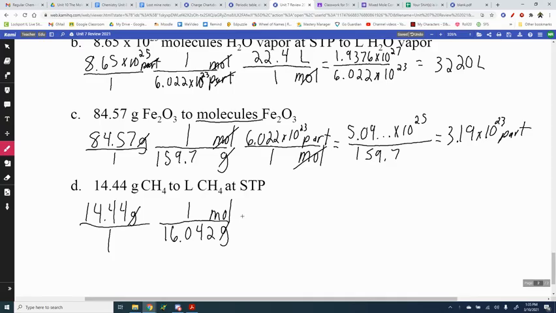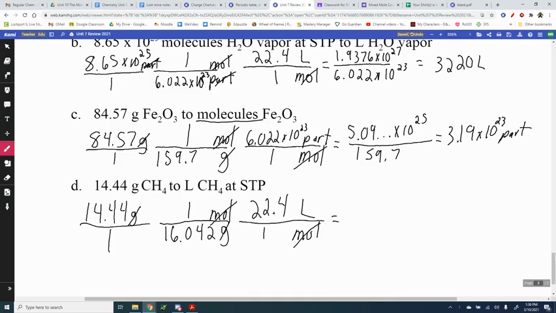That is not where we want to be, so we need another conversion factor. Moles goes on bottom. We are converting to liters, so that goes on top. 1 goes next to moles. 22.4 goes next to liters. Moles cancel out. We're left with liters. That is where we want to be. So now we do our math. We multiply our top numbers.